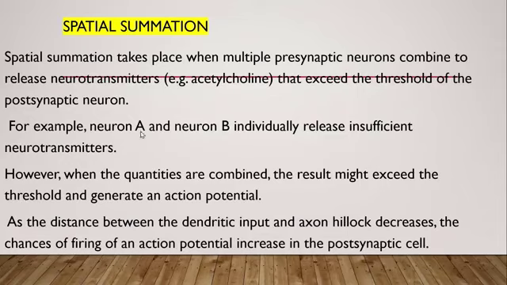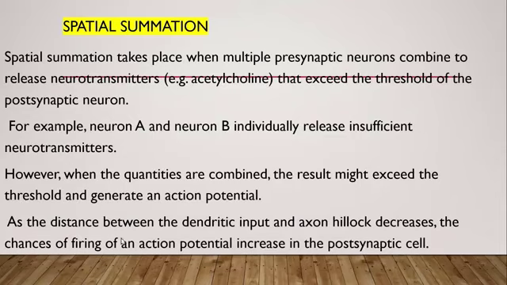When the neurotransmitter released by neuron A and neuron B are added together, they will produce a sufficient quantity to produce the action potential in the postsynaptic neuron or the muscle fiber.